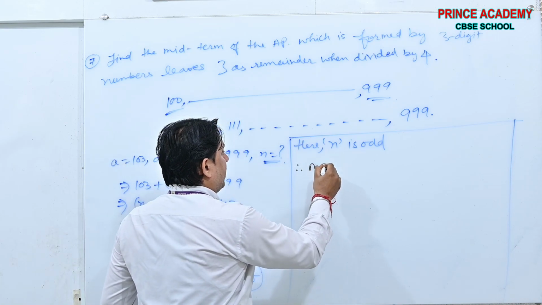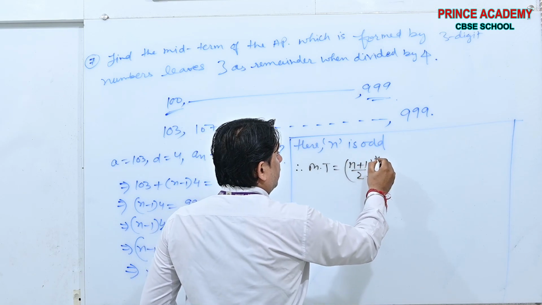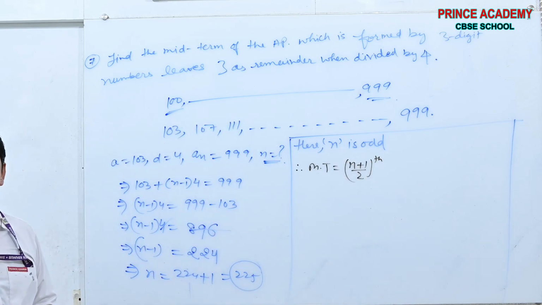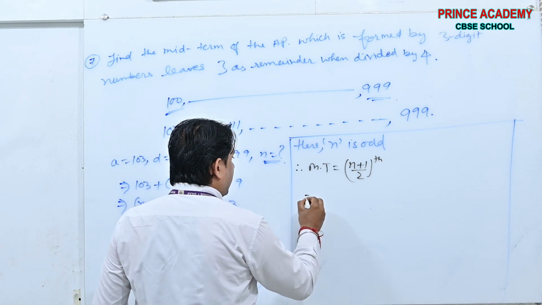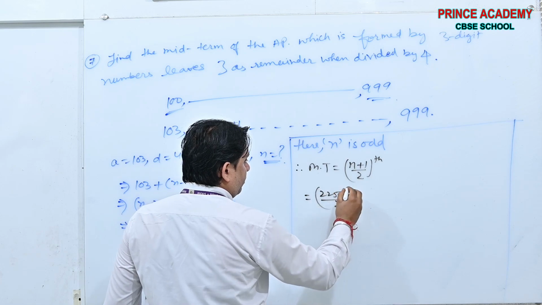Therefore, the middle term is equal to the (n plus 1) by 2th term.